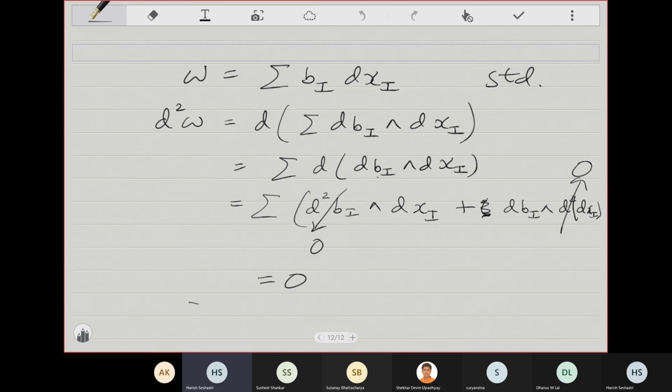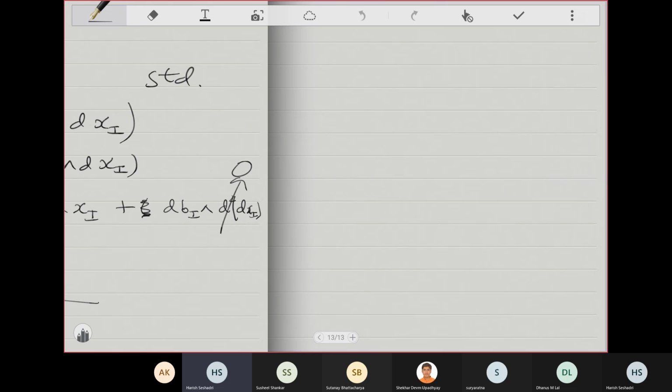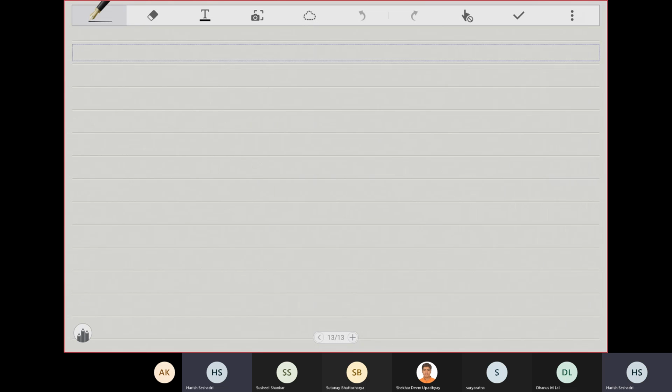Okay, so now the proof is one thing, but you must understand that it is not at all obvious why one defines this D the way it is defined. And why does one want D squared to be 0? It has a long history.